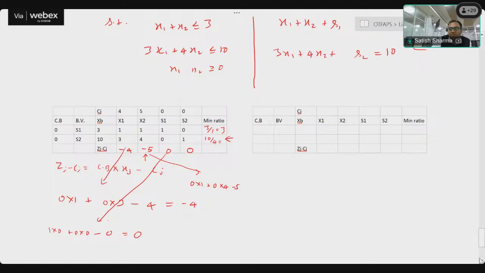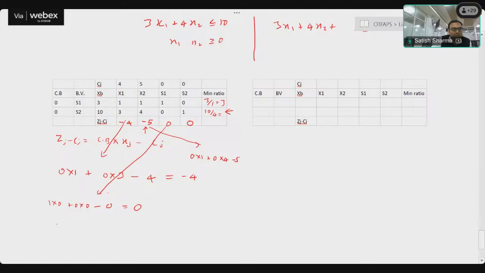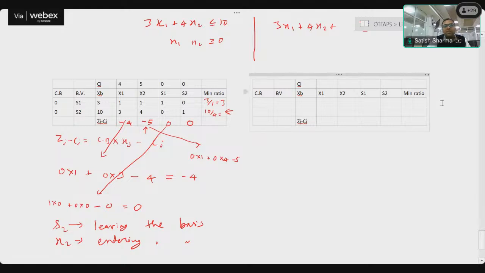So I can say that my S2 is leaving the basis, and X2 is entering the basis.